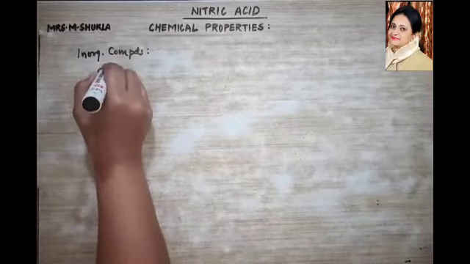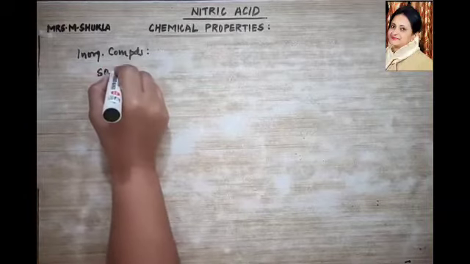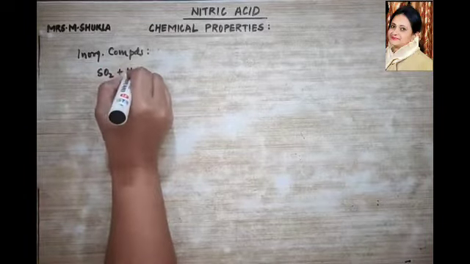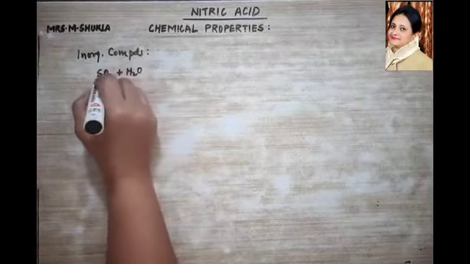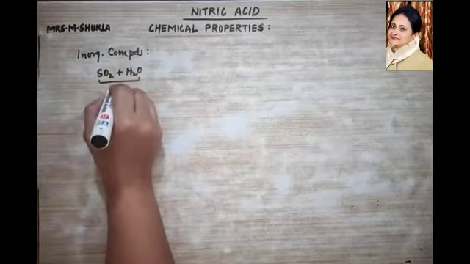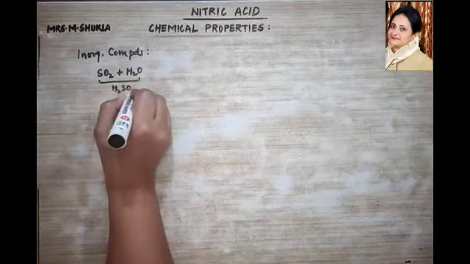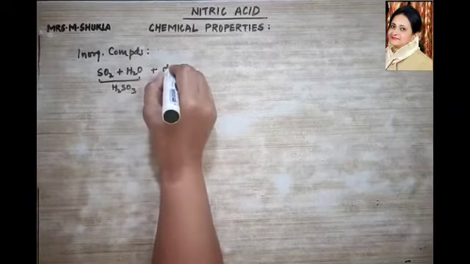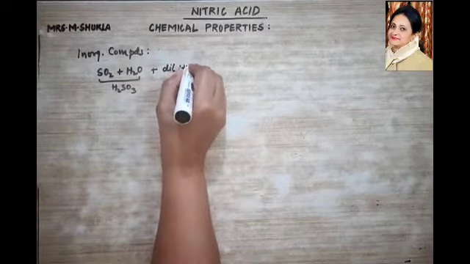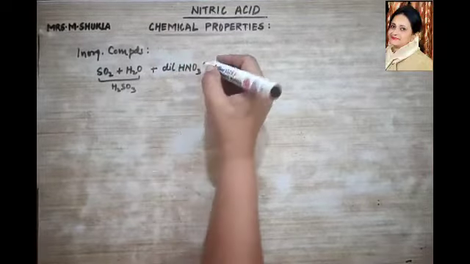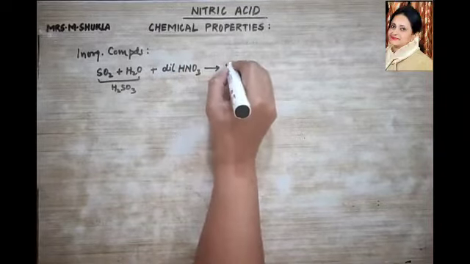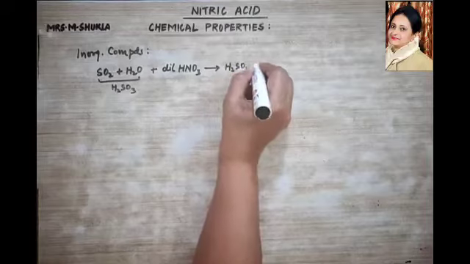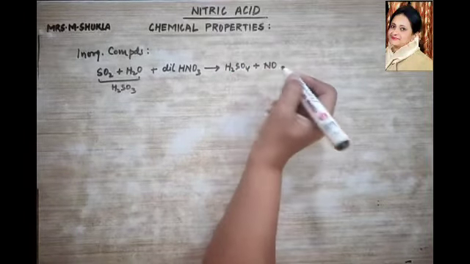So let us talk about SO2, sulfur dioxide gas, to which we add a little water to make it aqueous, and this aqueous solution forms sulfurous acid. Okay, this when treated with dilute HNO3 will form H2SO4 and nitric oxide.